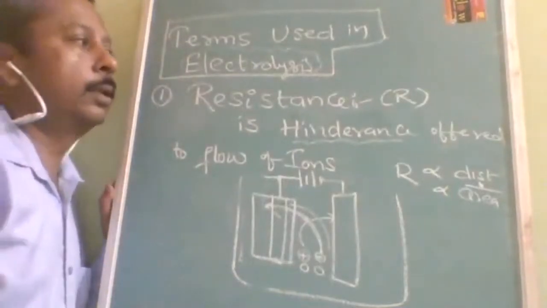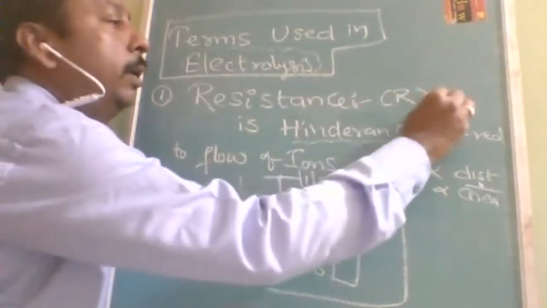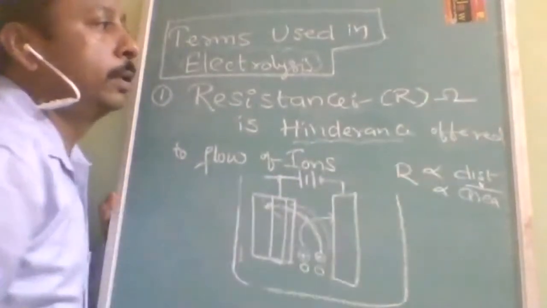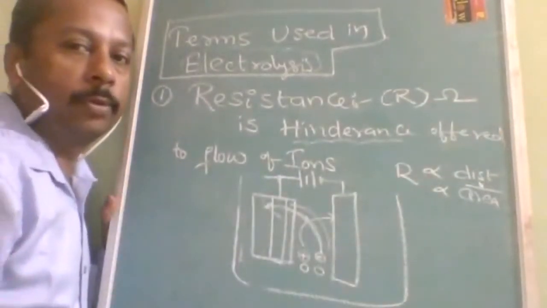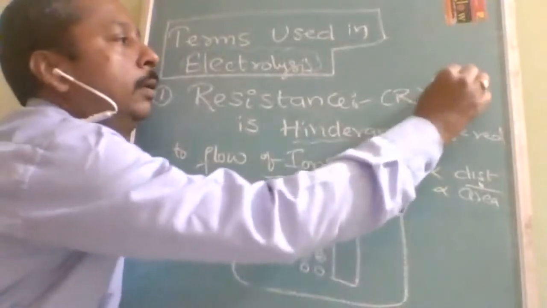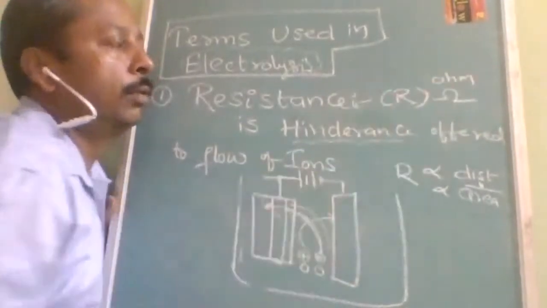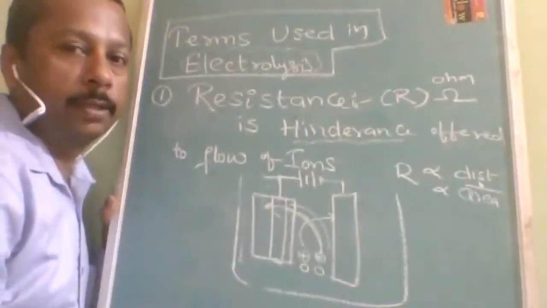So resistance depends upon two factors. Normally, the units of resistance here and elsewhere are the same. The unit of resistance is ohm, denoted with this sign. Understood?